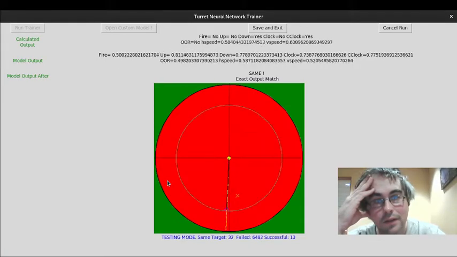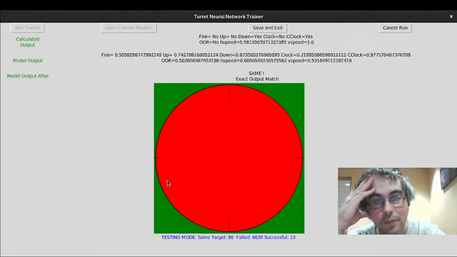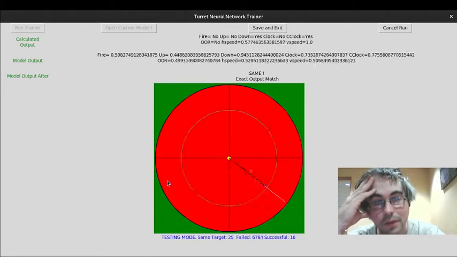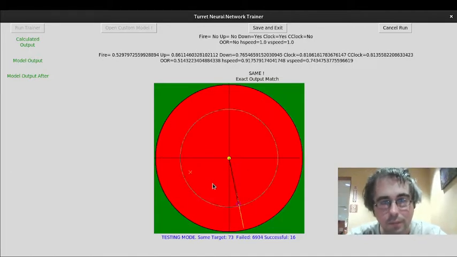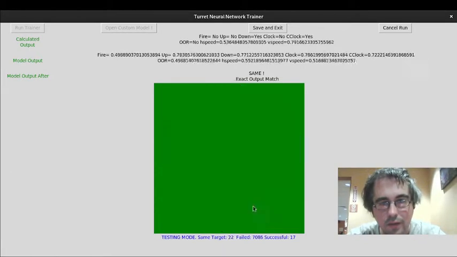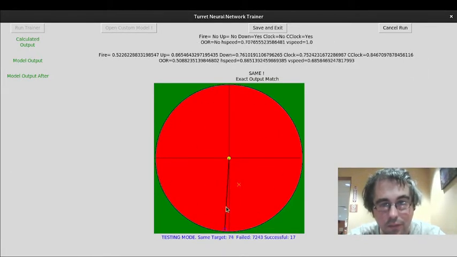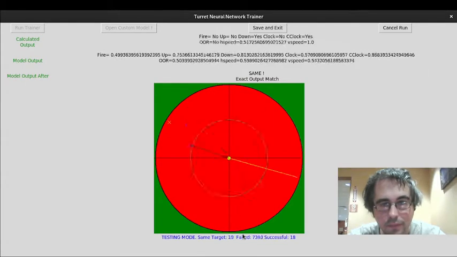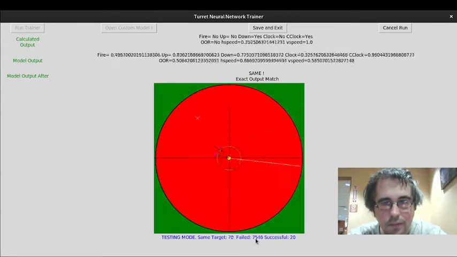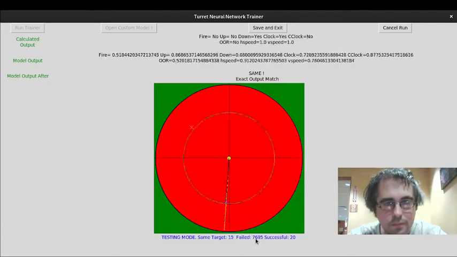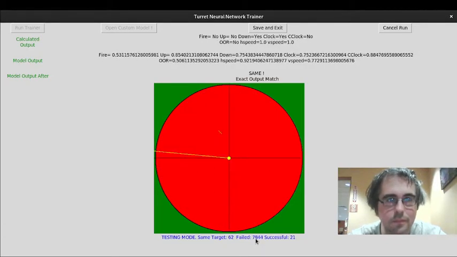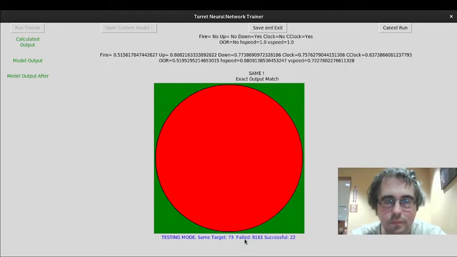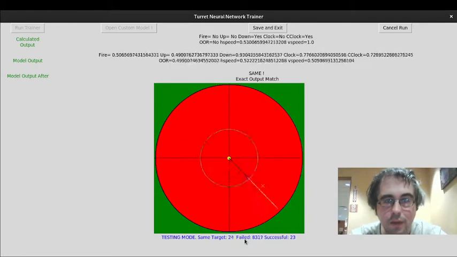And sometimes it's getting pretty close. You see that last one? It sort of stopped right here, right next to the target. I mean, it's getting kind of close. See, like that one, for example. I mean, for it to count as a fire, it has to actually be pointing directly at the target.